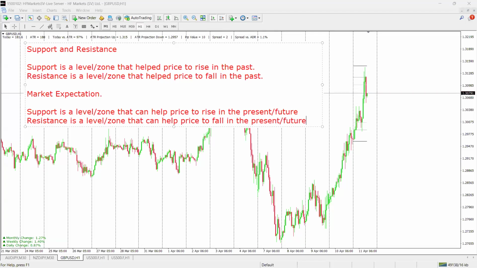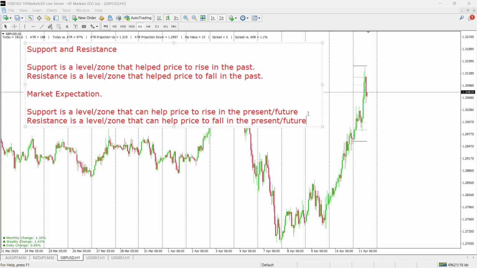What we know at first about these levels is what they've done before. A support has helped price to rise at some point in its lifespan, and a resistance is a zone that has helped prices to fall at some point in its lifespan.